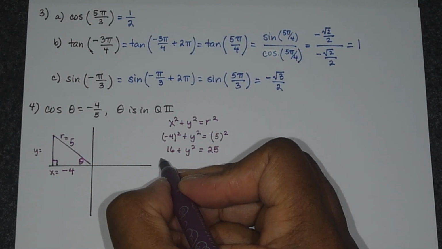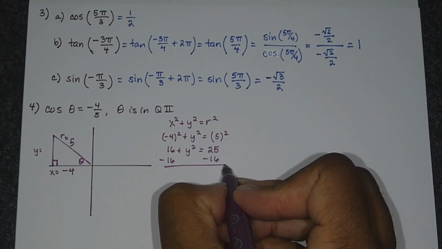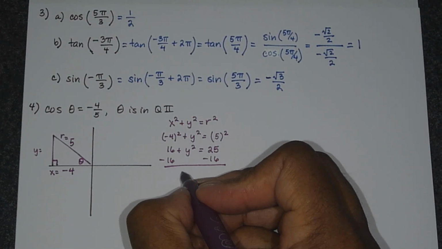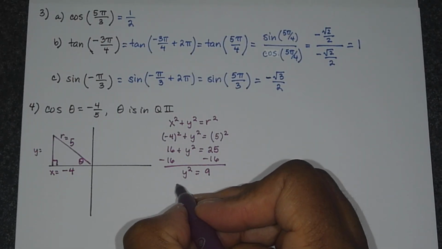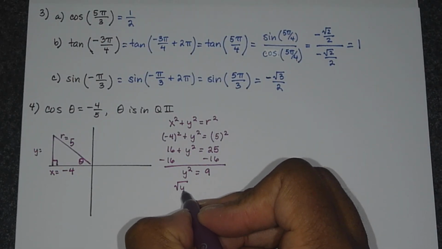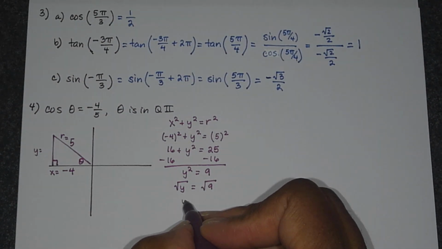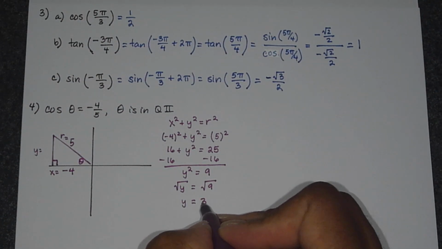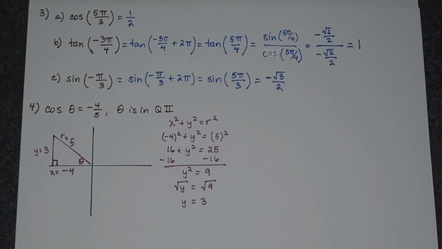And then to get y squared by itself, we subtract 16. So y squared is equal to 9. And then to find y, the opposite of squaring something is to square root both sides. So y is equal to 3. And it's going to be positive 3 since it's in the second quadrant. In the second quadrant, the x-coordinate is negative, and the y-coordinate will be positive.